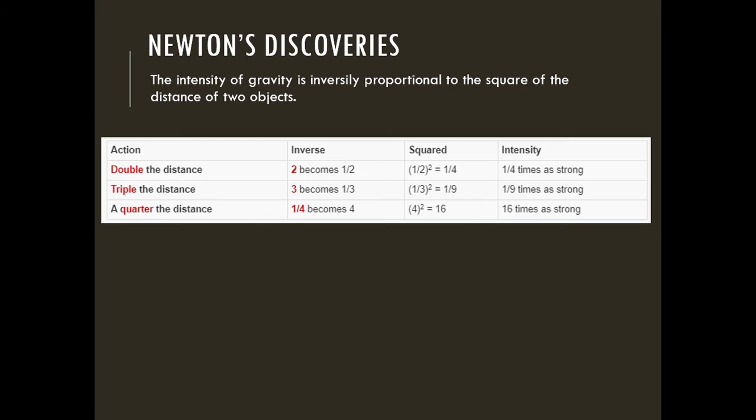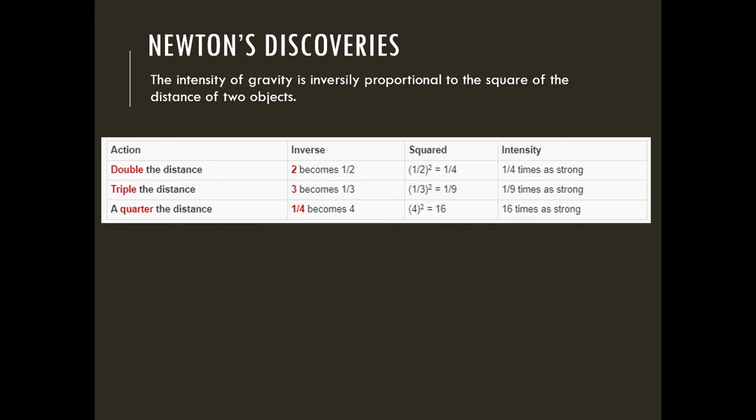Okay. So in this case, if we elevate 1/2 to the second power, we are going to get 1/4. And the intensity will be, of course, the result of the square that we did previously. So the result will be 1/4 times as strong.